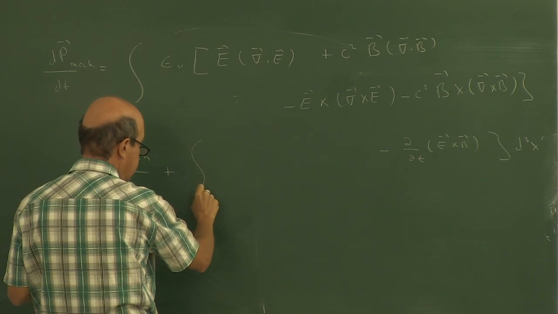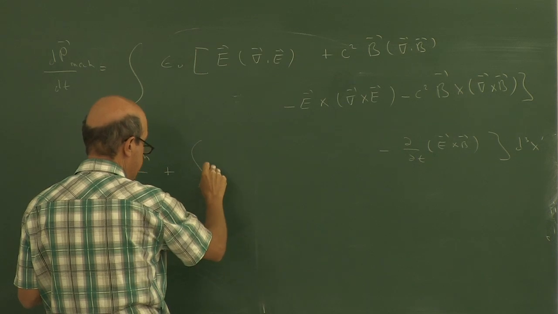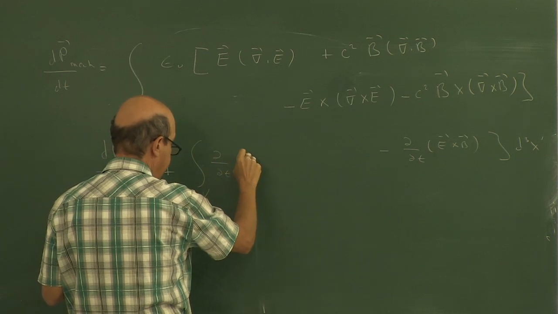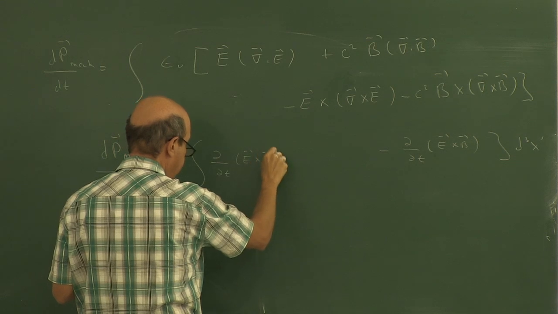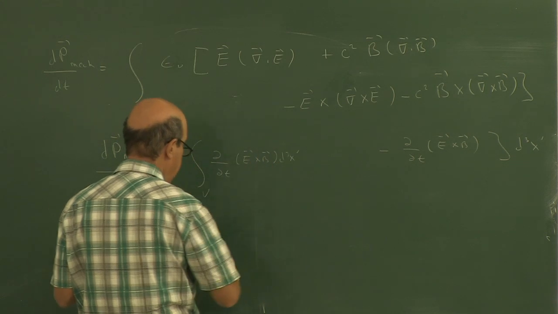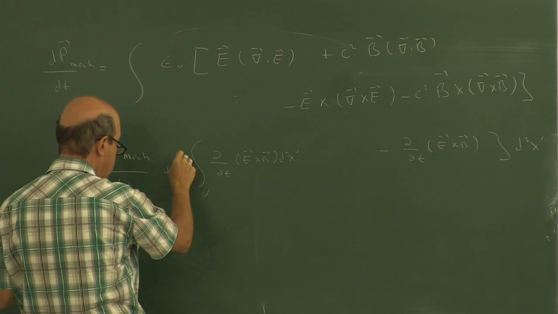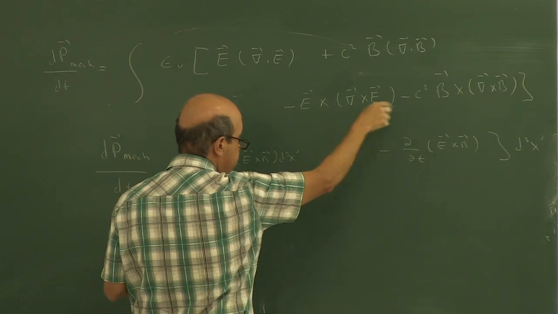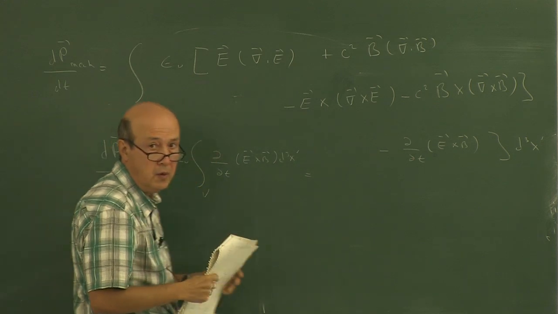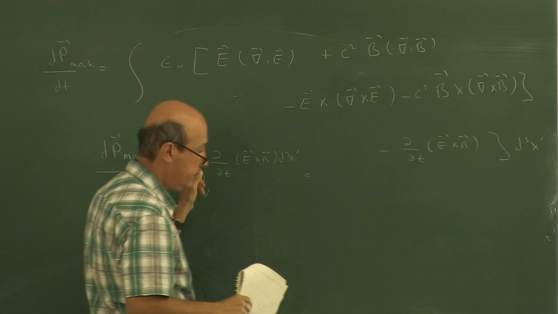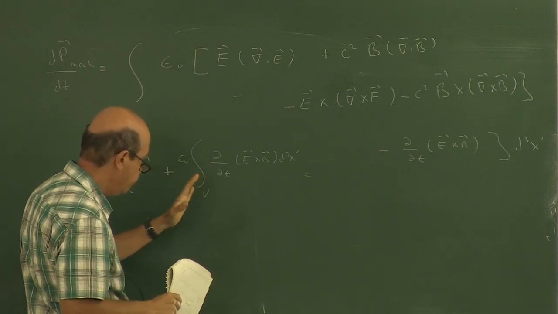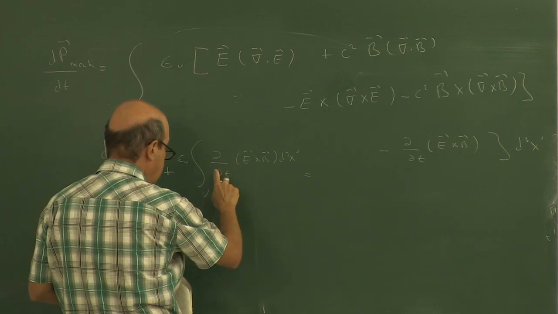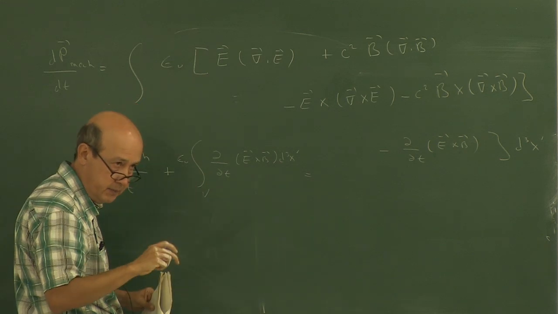and that goes to the left hand side as a volume integral of del over del t of epsilon 0 E cross B d cube x prime. I forgot epsilon 0 here. The other terms will be written again there. So all I do is take this to the left. I can switch the integral and the partial derivative.